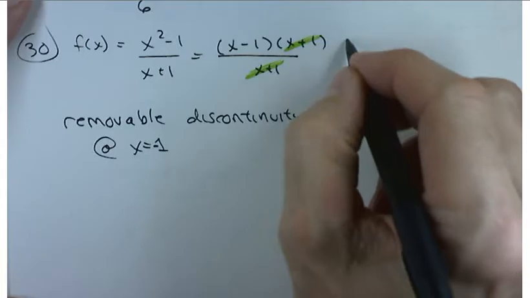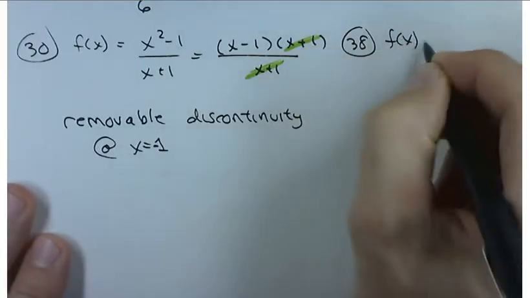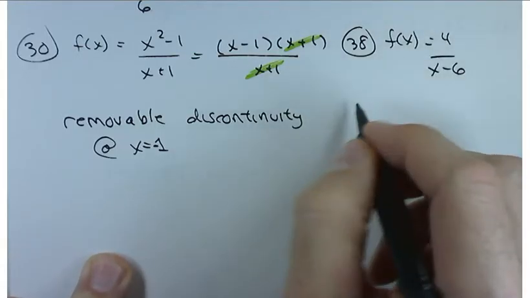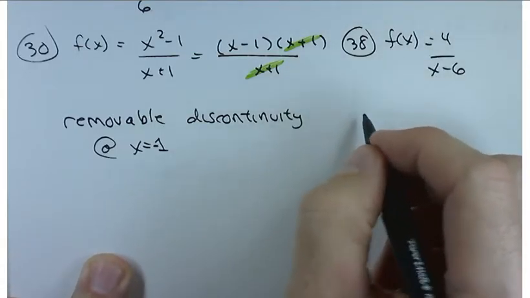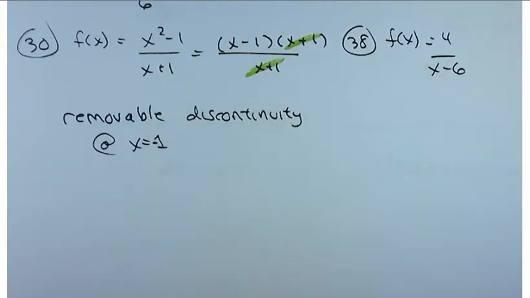Let's try problem number 38. f of x is 4 over x minus 6. And I want to look at this function and decide what to expect regarding its discontinuities. Where is this one going to have issues? 6.